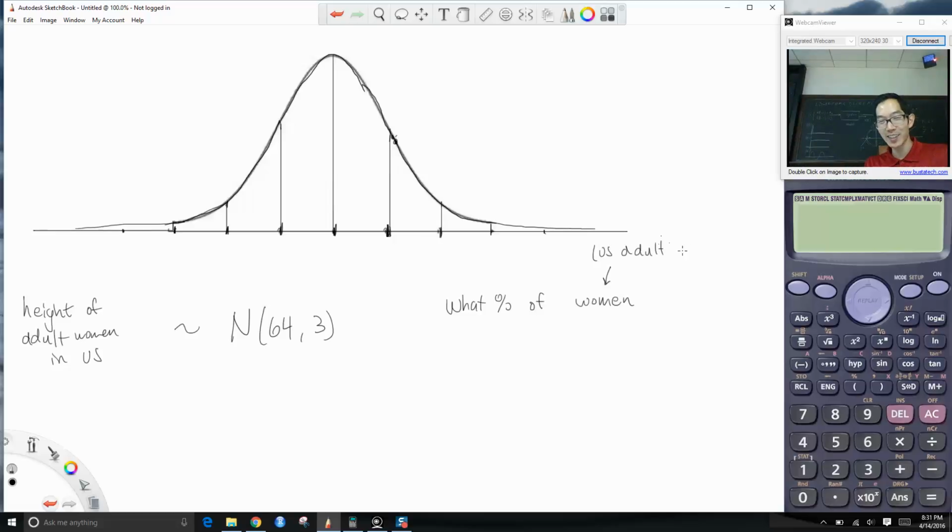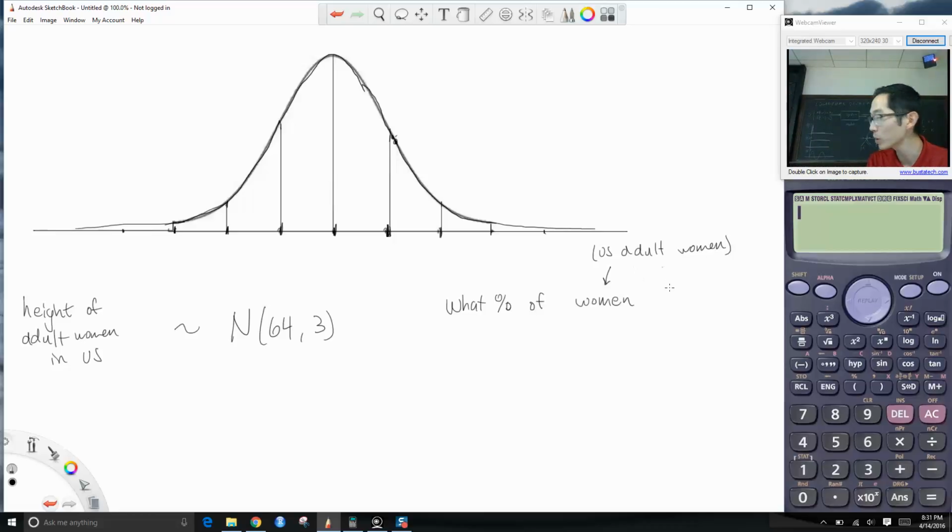I don't mean to be pedantic or anything here, but it is important because around the world, the heights and things are very different. And this is 64 and 3. This is just very approximate. The table gives you like 4 decimals of precision, but our answers will just be kind of ballpark answers.